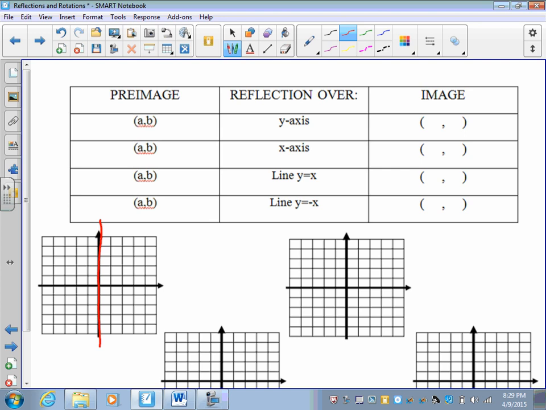I'm going to do -2, 4 because I want to put a negative in. So -2, +4, and I'm going to call this point A. I want to reflect it over the y-axis.